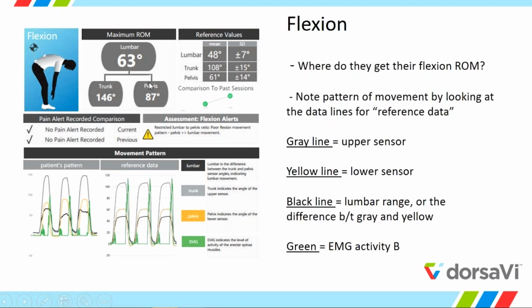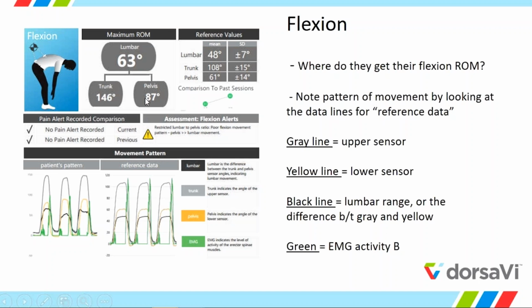In my case, my trunk sensor, the top sensor, went through 146 degrees of flexion of space, and my pelvic sensor went 87 degrees of space. So they both moved a lot, and you take 146 minus 87, get 63.